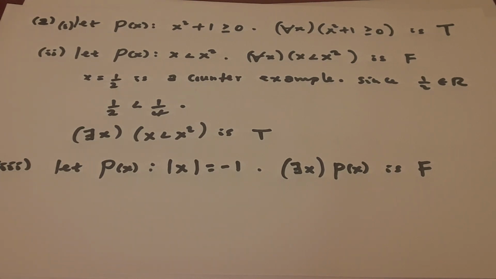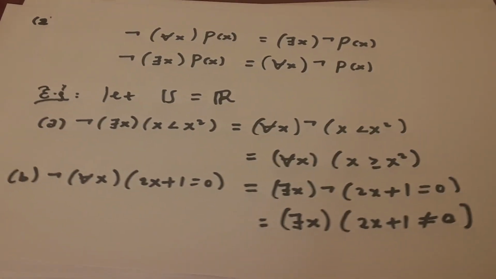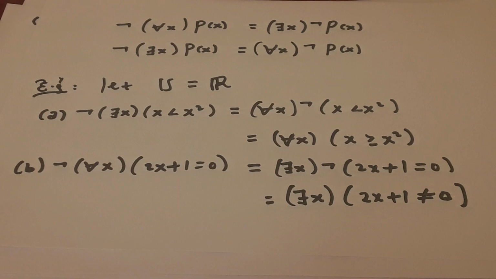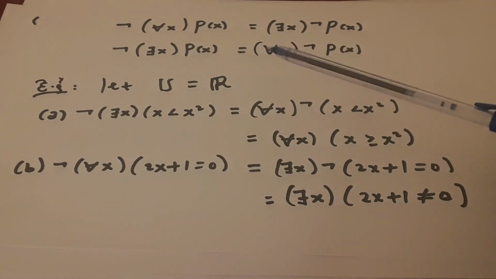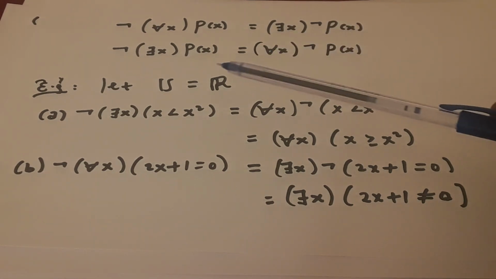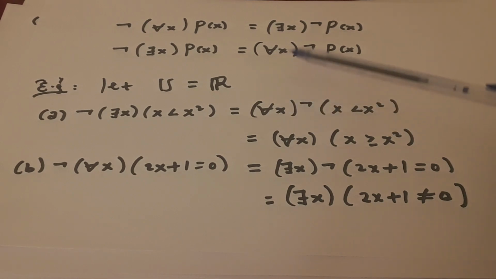We need to have a relationship between the universal and existential quantifiers. I think it's better to correlate the universal and existential quantifier. Negation of for all x P of x is for some x negation of P. Negation of for some x P of x means for all x negation of P of x.